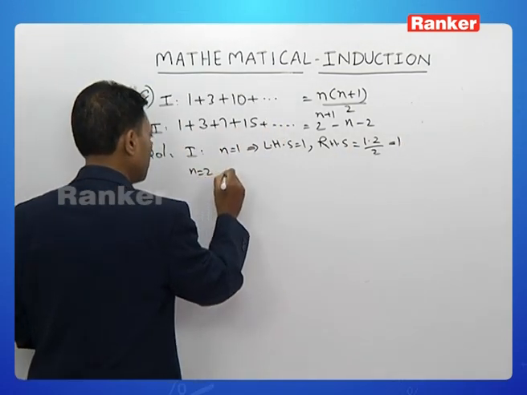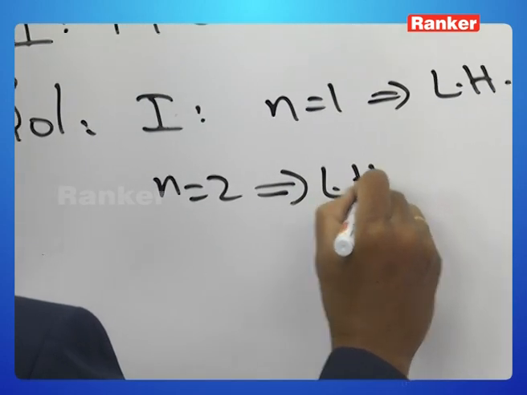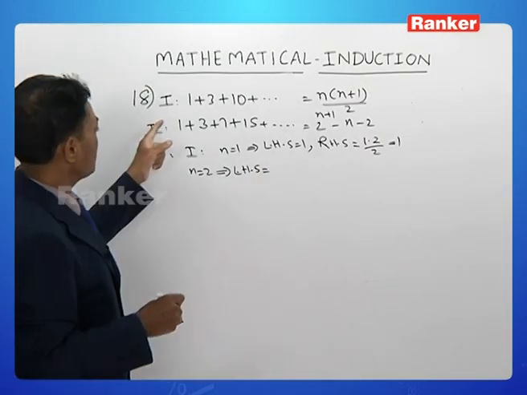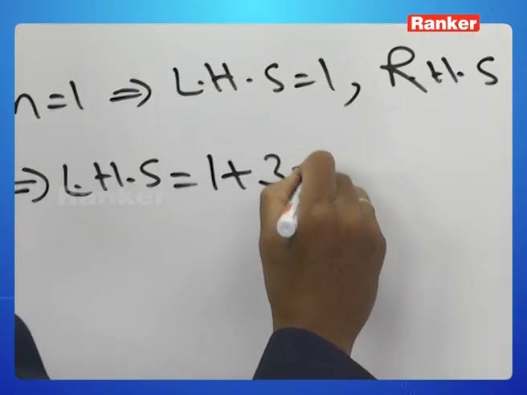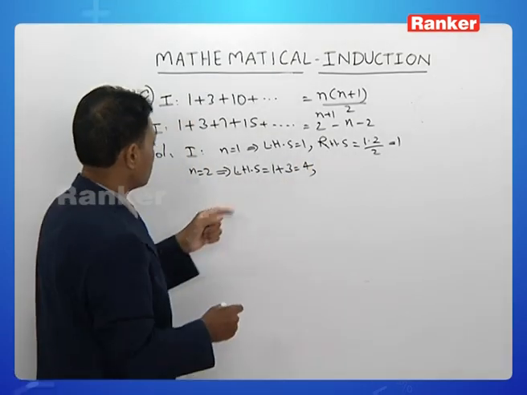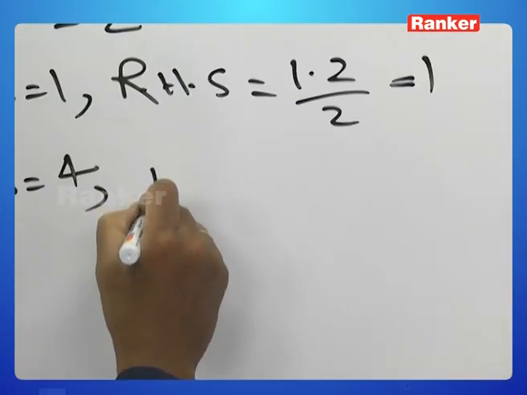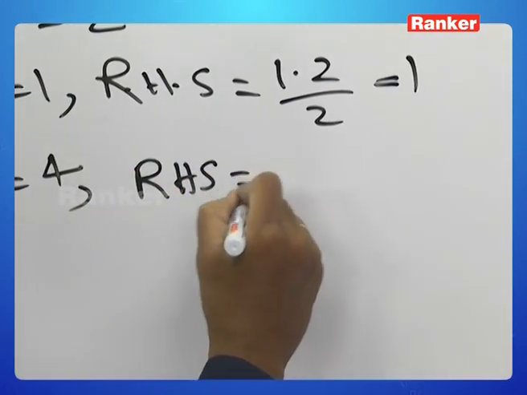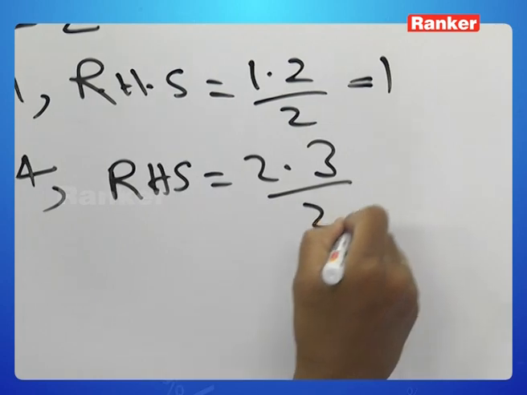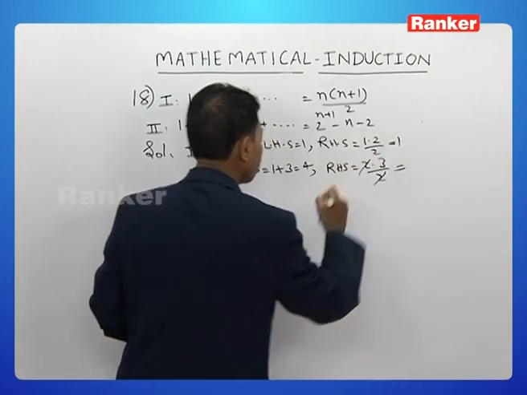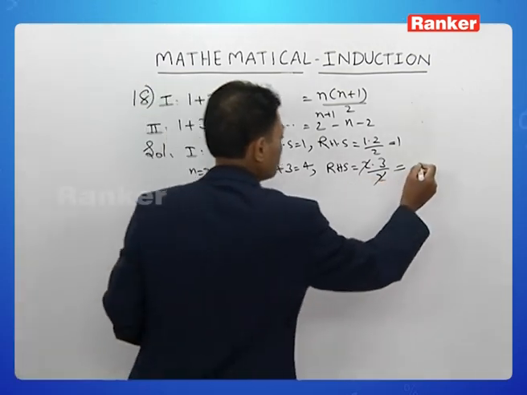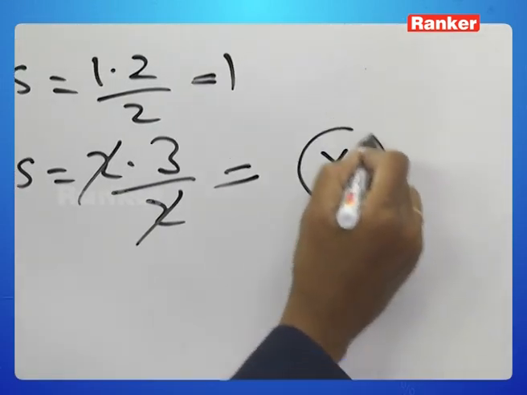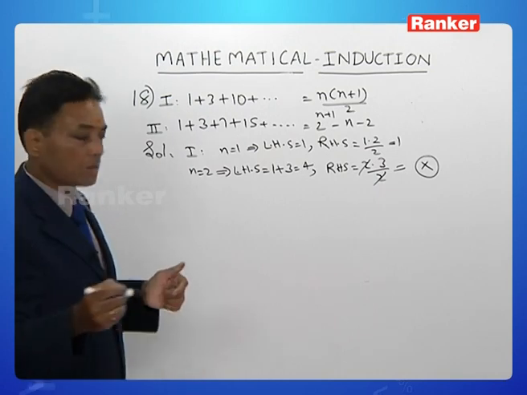In the first statement only, LHS: n is equal to 2 means sum of these two terms, 1 plus 3, that is 4. RHS, put n is equal to 2, so RHS is equal to 2 into 3 by 2. So we got 3, here 4. So it is very clear, wrong statement. So this is wrong. So false statements are not true.